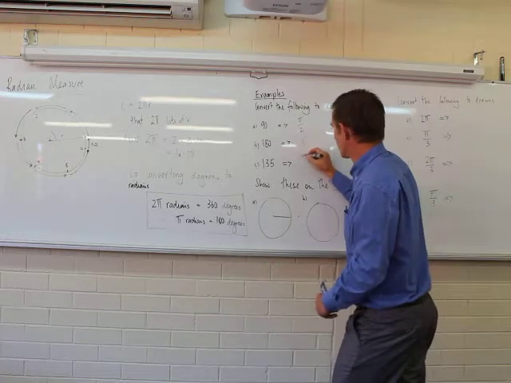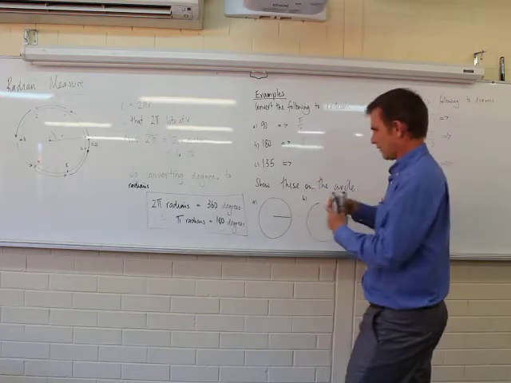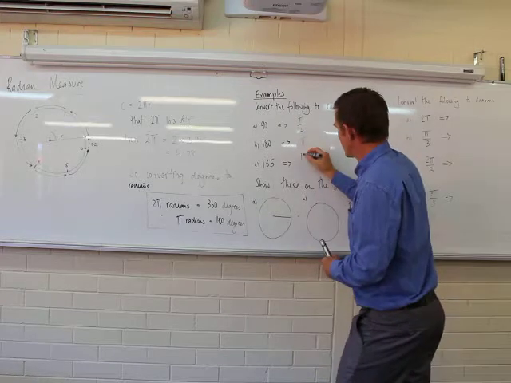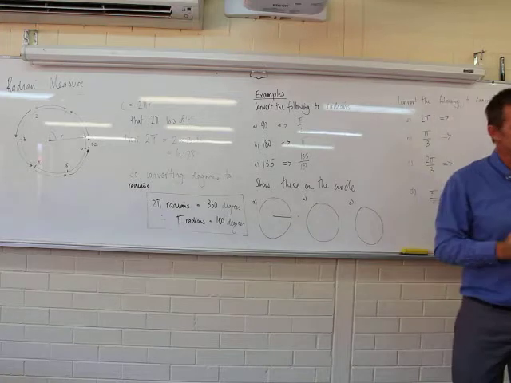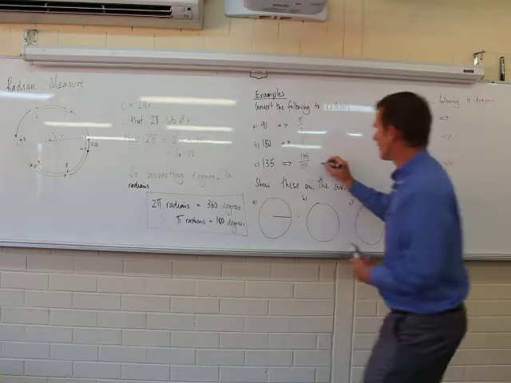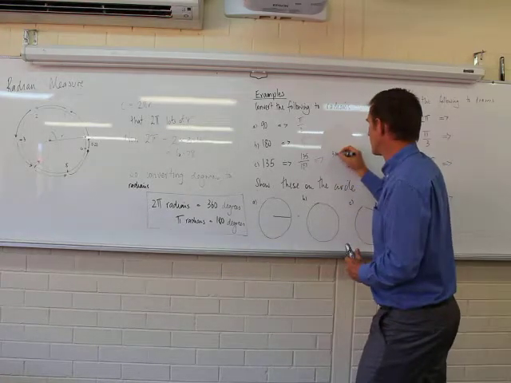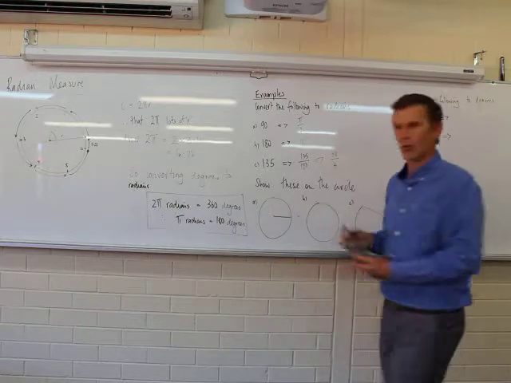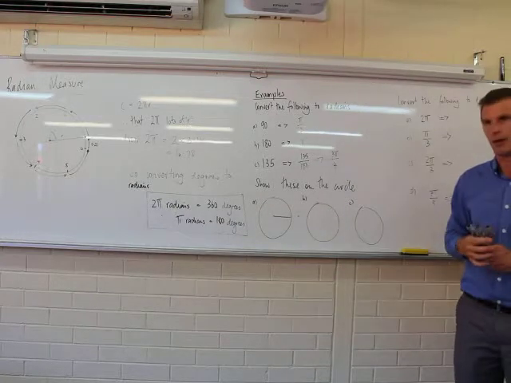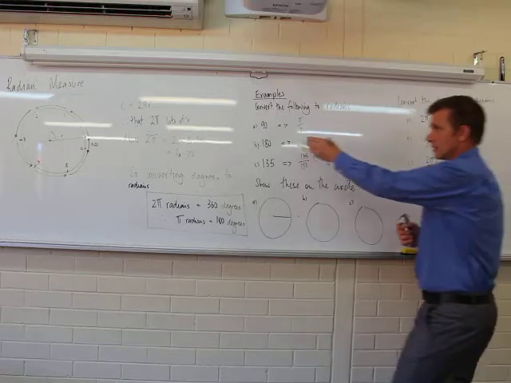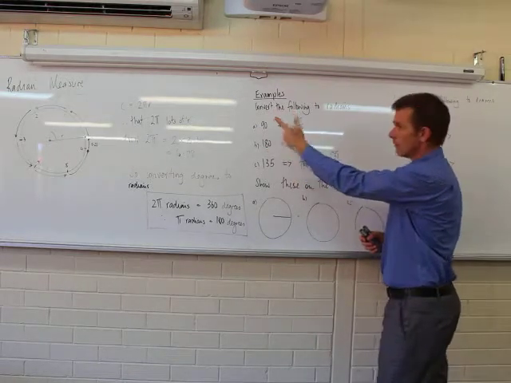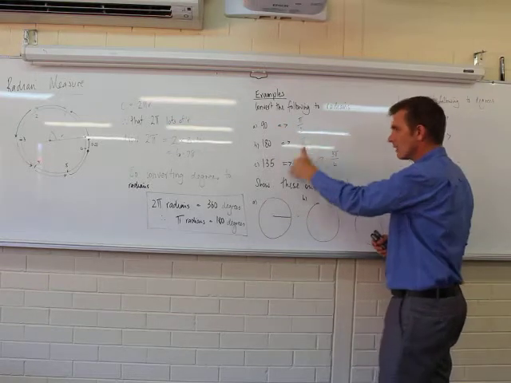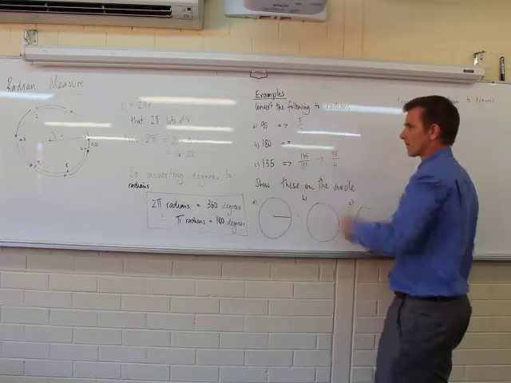So I could go 135 over 180, that's going to get me my 3/4, and then I recognise that it's going to be 3 pi on 4, or 3/4 of pi. I did much the same here. It's just that 180 divided by 180 came out to be 1. This one came out to be half. I'm doing much the same thing here.